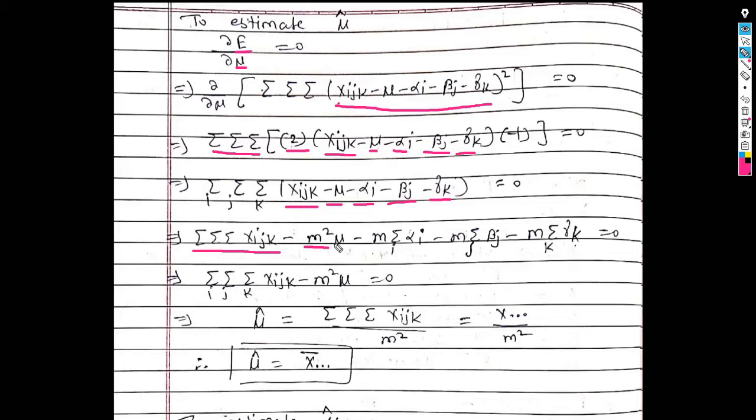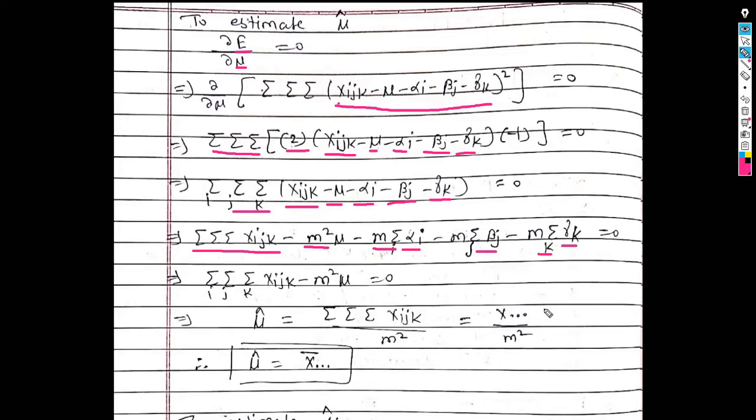So m squared into mu minus. Now for the alpha i term, take the summation i from 1 to m of alpha i, and the two summations over j and k give m only. So we get m into the summation over i of alpha i, minus. Similarly we get m into the summation over j of beta j, minus m into the summation over k of gamma k, and equate it to 0.